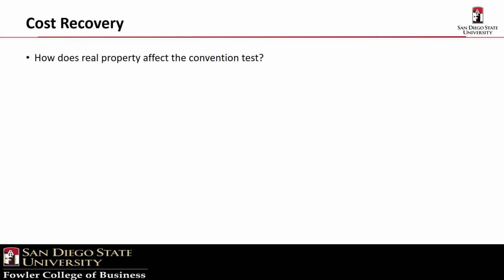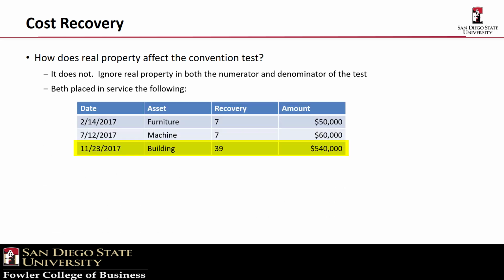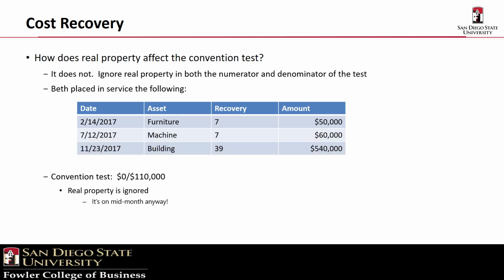Real property is mid-month. In this example, although the taxpayer places in service more than 40% in the final quarter of the year, it is real property, not personal property, and therefore does not affect the convention test at all.